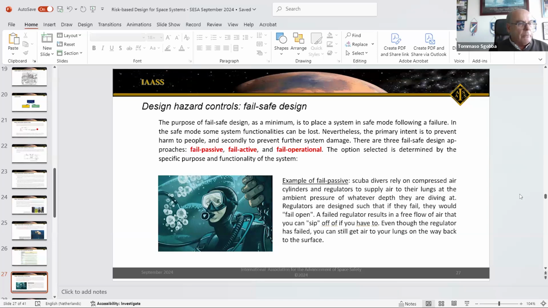This is the case of a scuba diver regulator. When the regulator fails, it is designed to fail open, so to deliver oxygen continuously, which of course leads to an overconsumption of oxygen, but gives you the time to go back to surface.